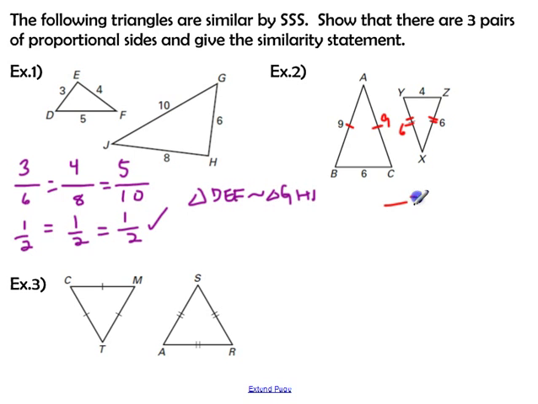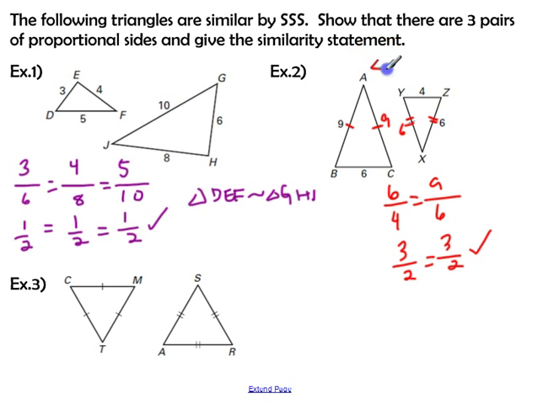So again, we can set up 6 on the top, 9, and then along the bottom, remember the smaller one first, and then the bigger one. And then let's go ahead and see if they reduce to the same. 6 over 4, they're both divisible by 2, so it reduces to 3 over 2. 9 and 6 are both divisible by 3, reduces to 3 over 2, and they are proportional.